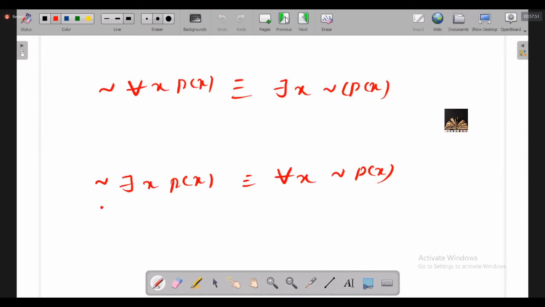Just note down. It is like a conjunction becoming a disjunction in a complement, but it is somewhat different. Okay, see here.